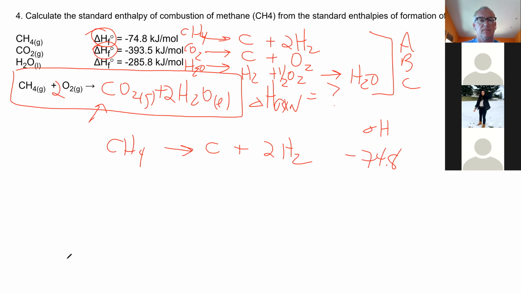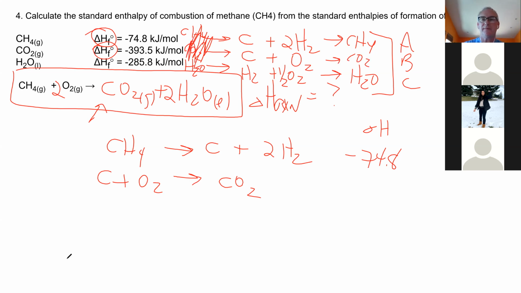The second one, B. You have to flip it. Yeah, I need to flip it. So that's going to be C plus O2 makes CO2. So what's going to be the delta H for that one? Positive 393.5. Oh, duh. I screwed this up. That makes CH4, and this makes CO2, makes water.